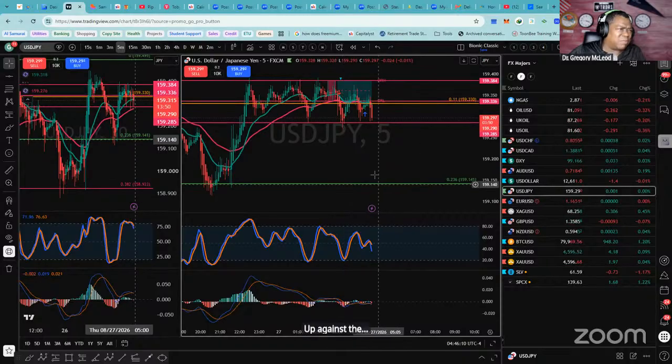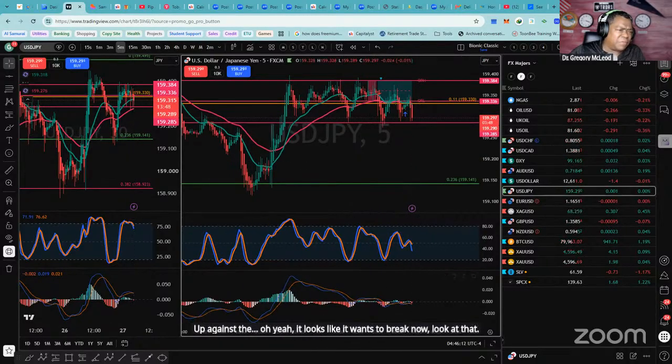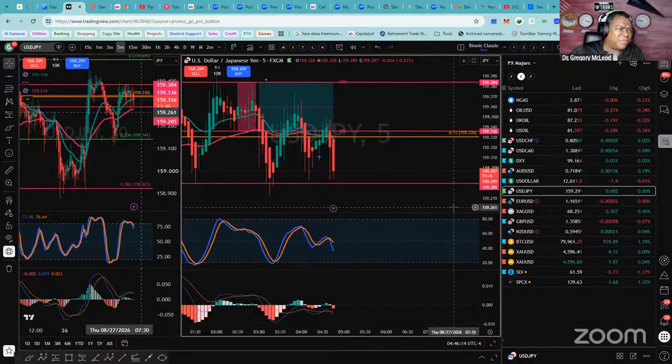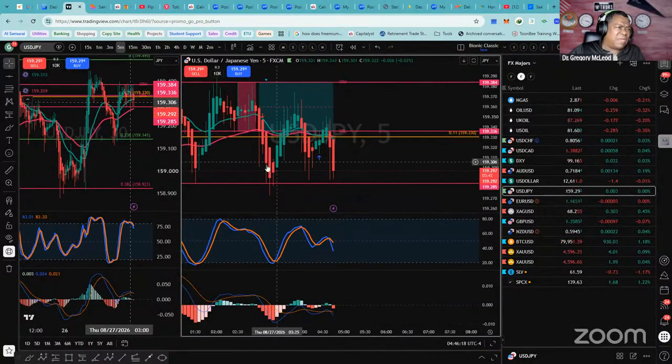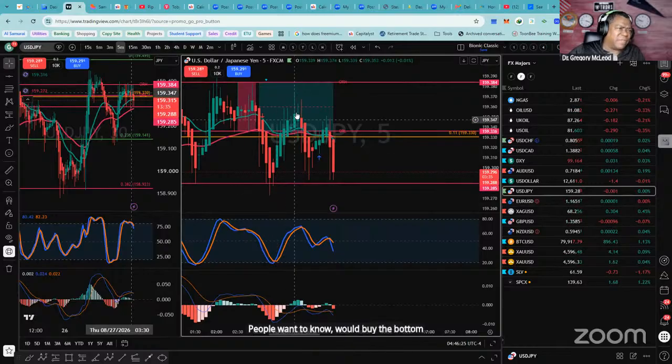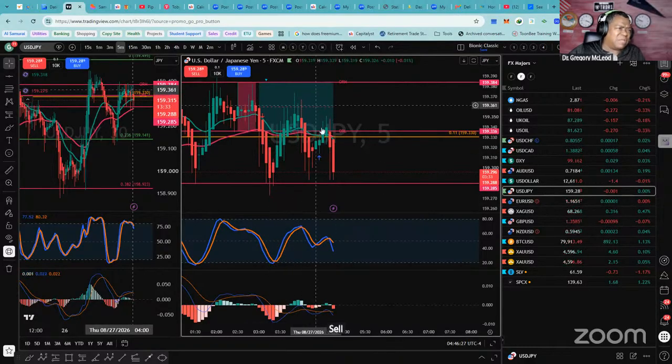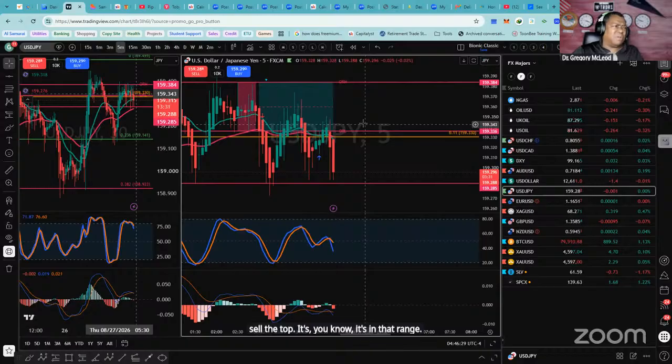Oh yeah, it looks like it wants to break now. Look at that. But this is a range. It's a really interesting range where people probably would buy the bottom, sell the top. But once it breaks that range, it's going to be a pretty good move. Like, congrats, my friend.